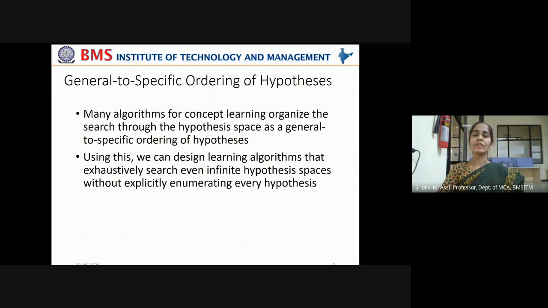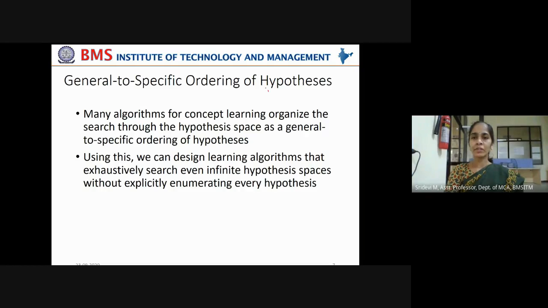Now for this, there is an approach called general to specific ordering of the hypothesis. You are taking two types, general to specific as well as specific to general. Let us see how various algorithms take up these two kinds of approaches. Now, many algorithms for concept learning organize the search through the hypothesis space.